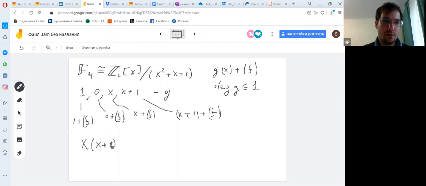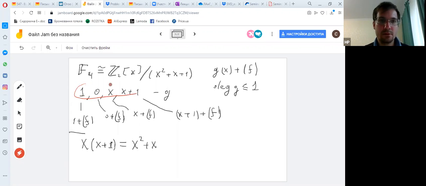How to deal with it? I just compute this product. It is x squared plus x, but it should be one of these 4 elements. How to get this for these 4 elements?